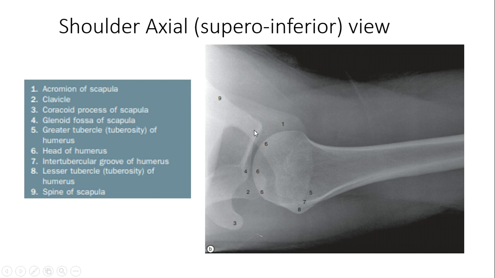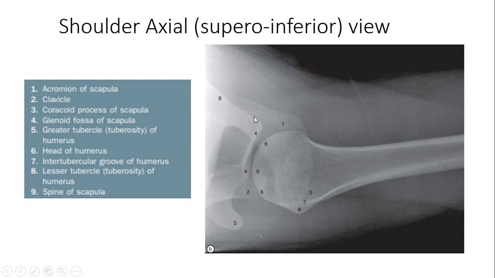In axial view, you can see this is glenoid cavity. Now you can actually differentiate between the structures which are present anteriorly and posteriorly. Now, coracoid process, which was overlapping the rest of the bones in the AP view, you can now clearly see anteriorly. While these bones, this glenoid cavity, you can see the anterior and posterior parts of it.